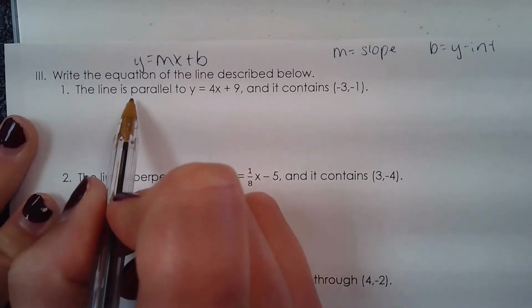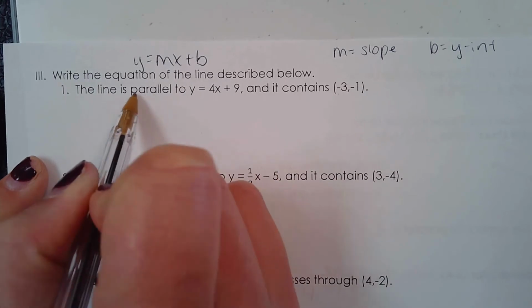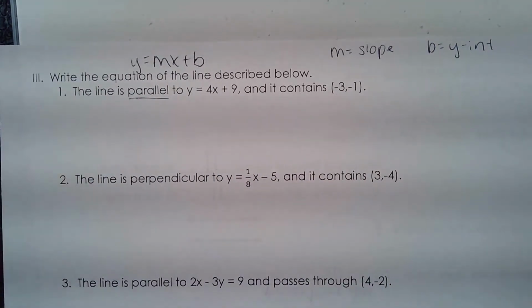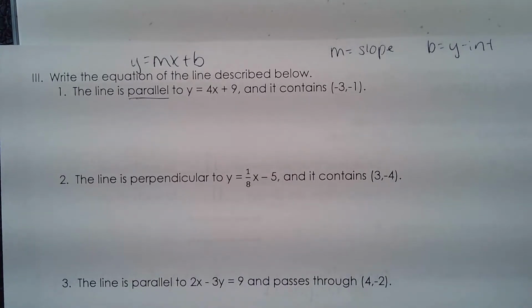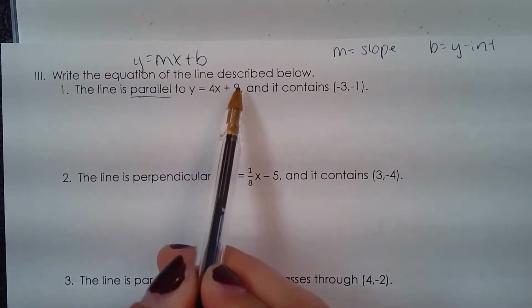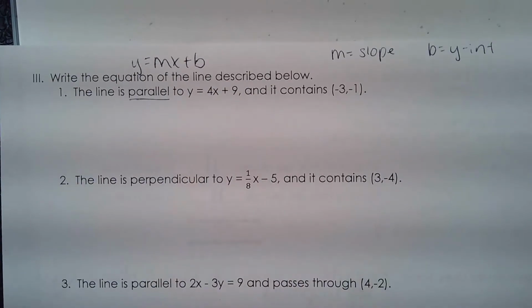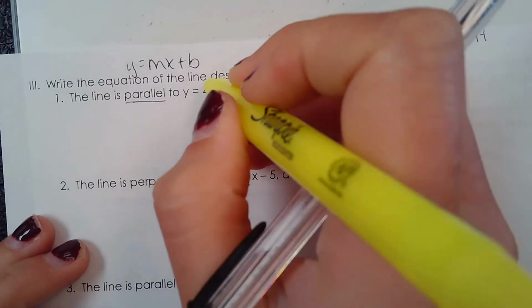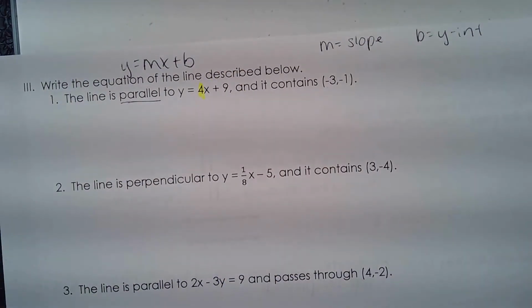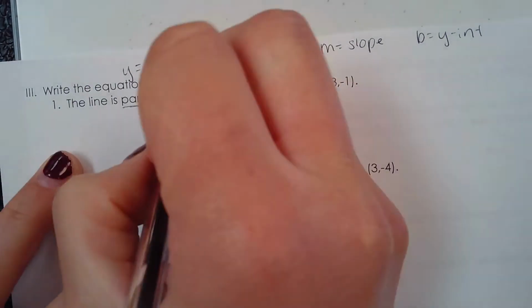So they said it's parallel. What do we need from this equation? Same slope, right? What's the slope of this line? 4. So what's the slope of our line? Probably also going to be 4, because it's parallel, so it's got to be exactly the same, right? So we've got our slope.